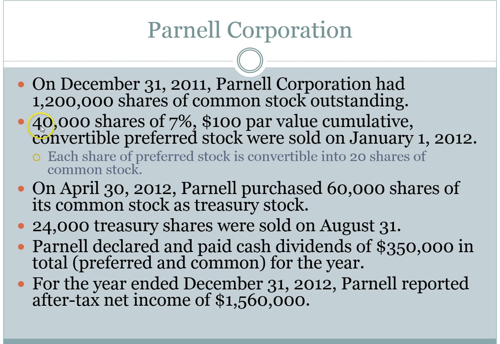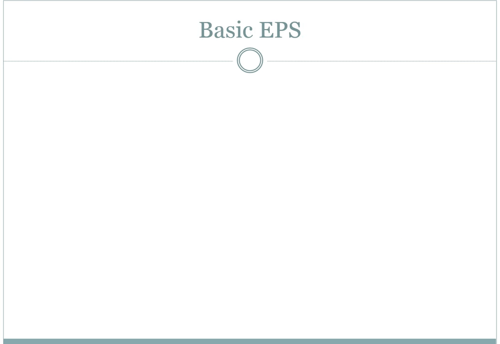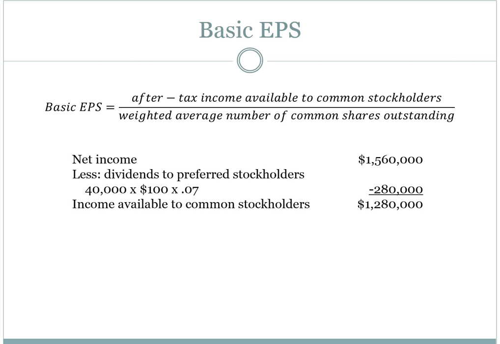So we've got 40,000 shares of preferred stock times $100 par value times 7%, which will tell us the amount of dividends that were distributed to the preferred stockholders. So let me cycle through the problem here and get back to that worksheet. And so the net income here is 1.56 million less the dividends paid to the preferred stockholders, which amounted to 280,000.